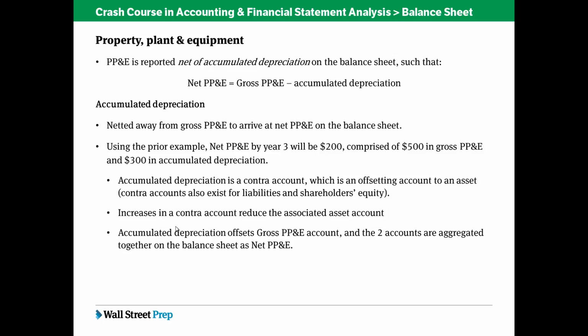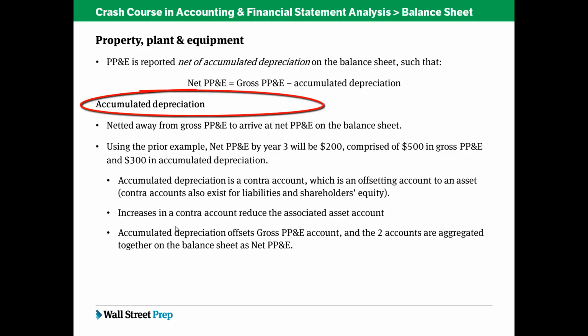In terms of how property, plant, and equipment is reported on the balance sheet, it is reported net of accumulated depreciation, such that net property, plant, and equipment, which is the line item you actually see on the balance sheet, is comprised of two components: the original cost of all the equipment, property, and plant that you purchased, net of all of the accumulated depreciation that's ever been recognized for that equipment.